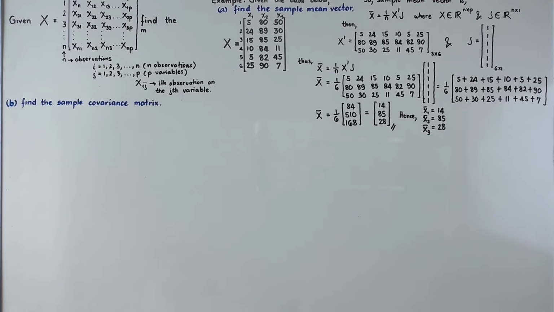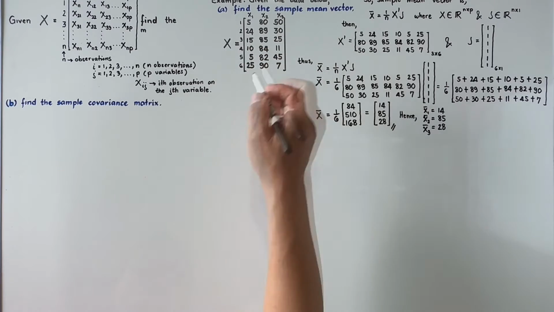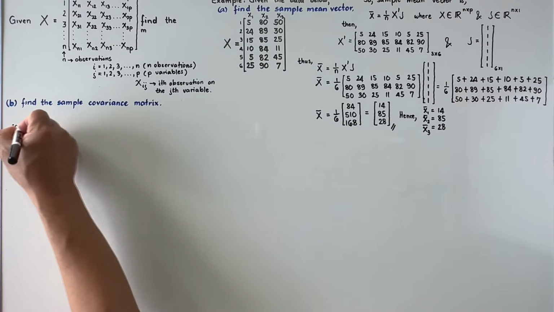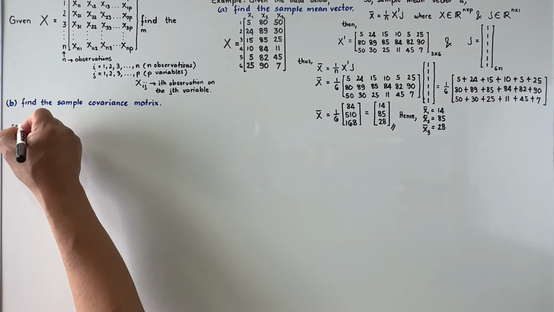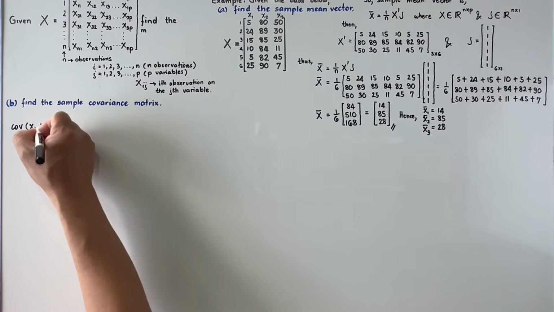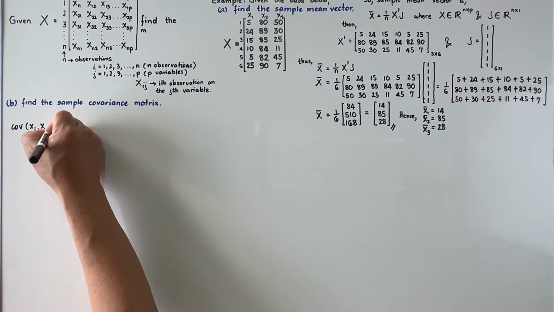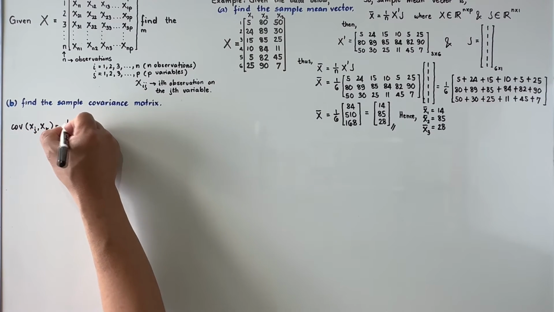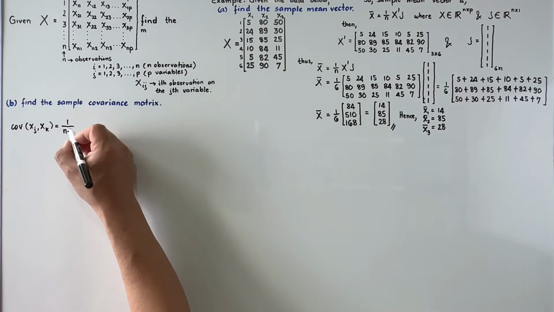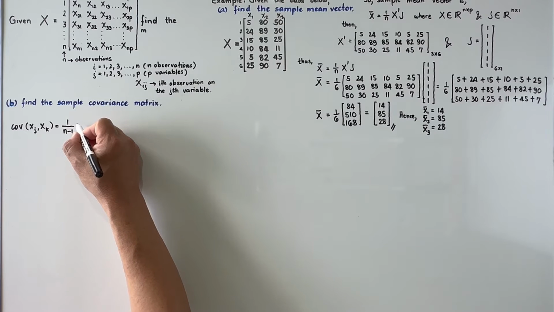Now let's proceed to computing the sample covariance matrix for this data matrix here. And the covariance matrix, which is represented as the covariance of every pair, x sub j and x sub k, is equal to 1 over n minus 1, because we consider this one as a sample of the target population.